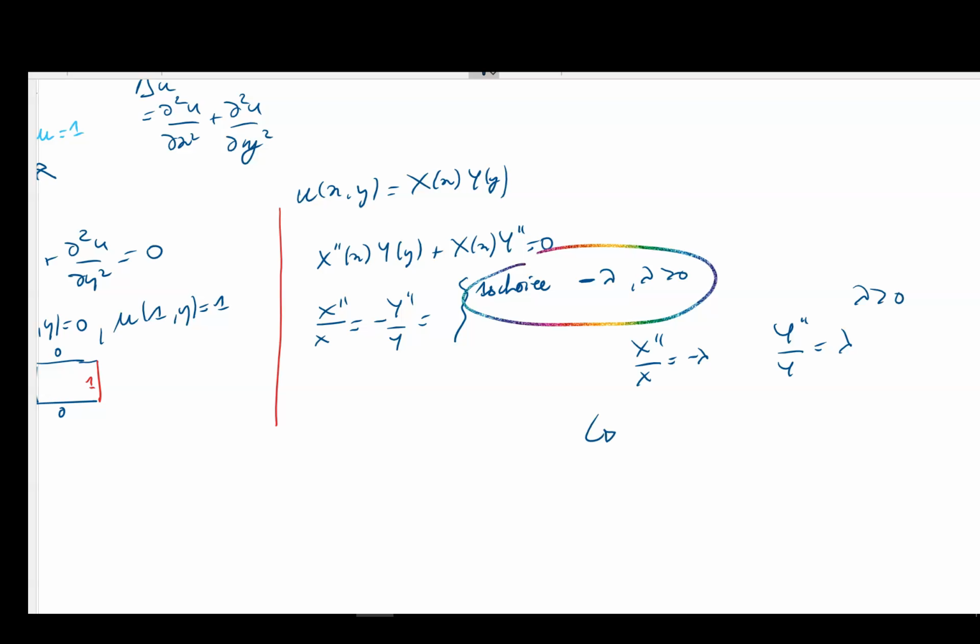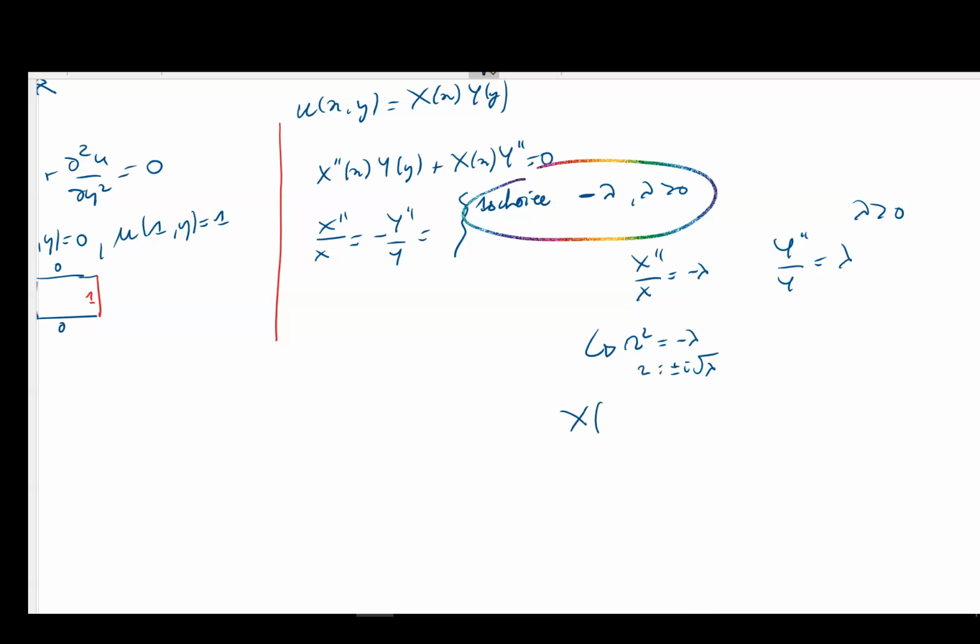That means for X, the characteristic equation is rho squared equal to negative lambda, so my roots are plus or minus i square root of lambda, so that X is going to be written as a combination of cosines and sines: a cos square root of lambda x plus b sine square root of lambda x.